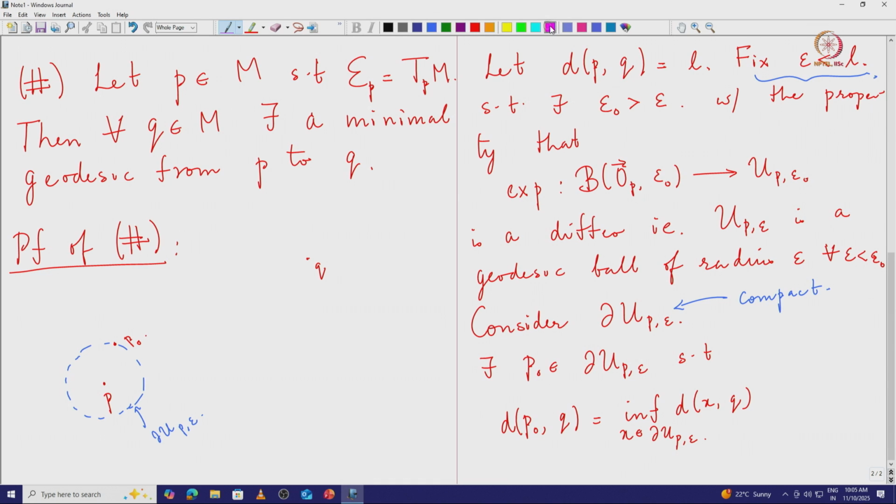So this really tells us what direction to shoot in. So the point is that P naught, because it belongs to this geodesic ball or at least the closure of the geodesic ball, is basically the exponential of some vector v, the image under the exponential map of some vector v. So that vector v tells us where to shoot. So I just take the geodesic in that direction.